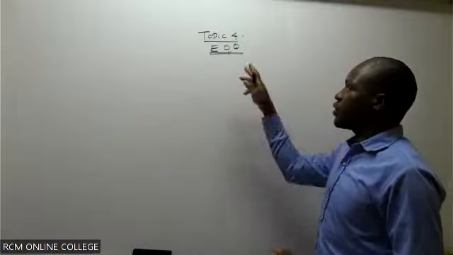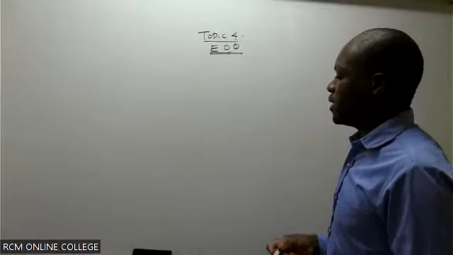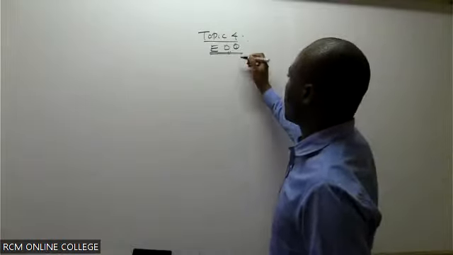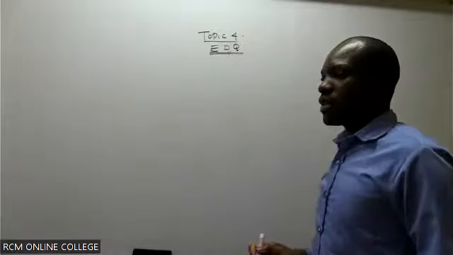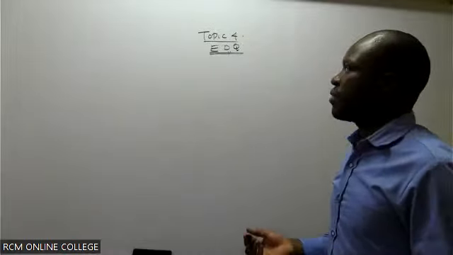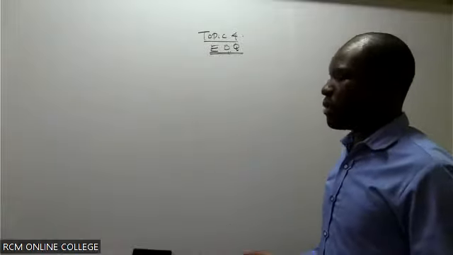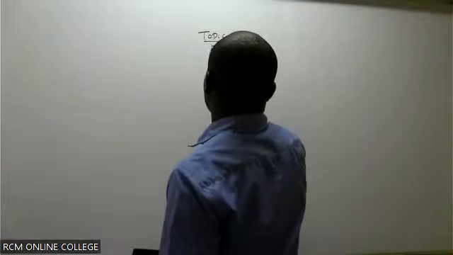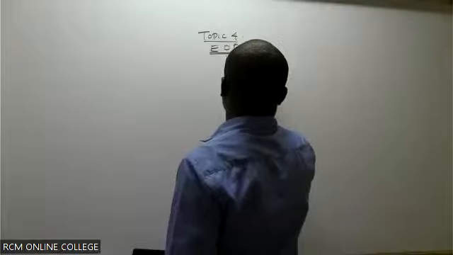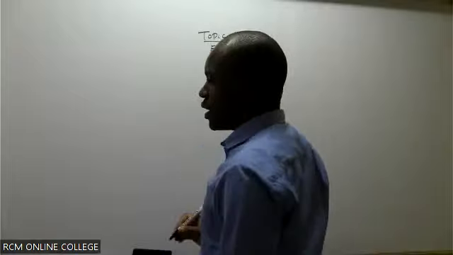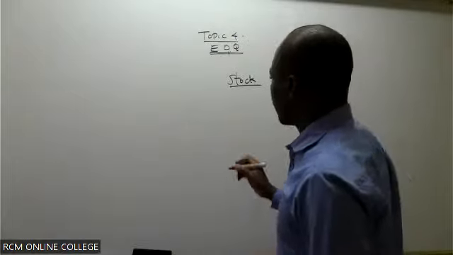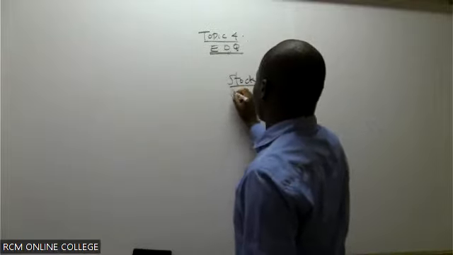So when you talk about economic order quantity, this is the quantity at which the company is trying to minimize the total cost incurred to take care of these goods. Remember, if you want to look at the cost of stock, we have the purchase price.